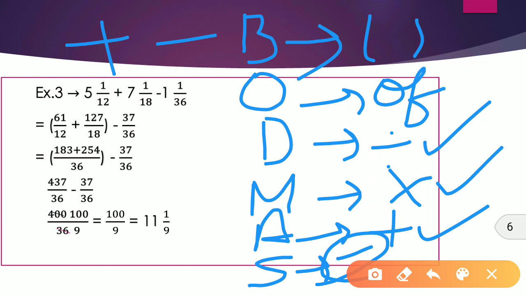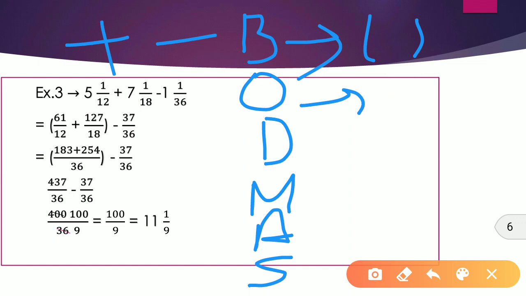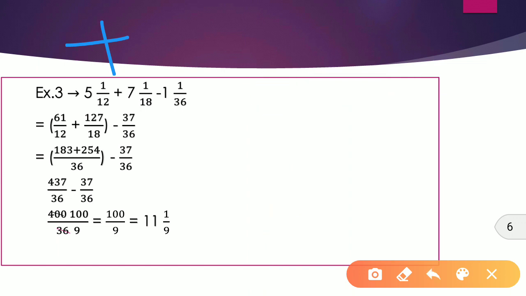So according to the BODMAS rule, first we add the rational numbers and then we subtract the rational number. Remember this BODMAS rule. First of all, our question is given in mixed fractions.